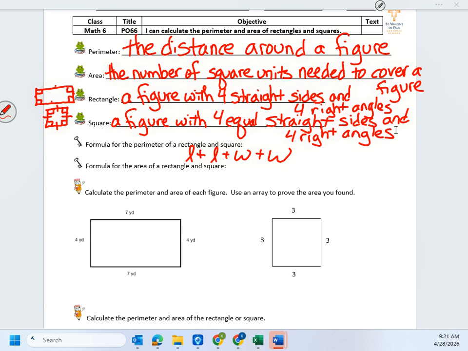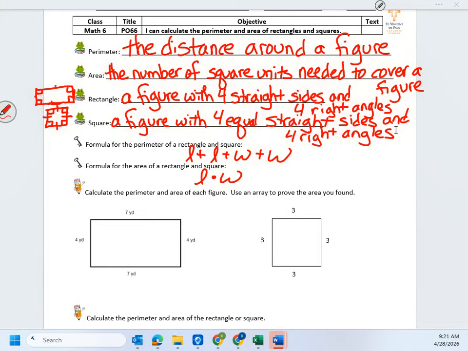The formula for the area of the rectangle and the square is length times width. So you take one length times one width, and you get the area. We've been doing the area in our math packets. We've been doing perimeters in our math packets. So these should come a little bit easier for us.